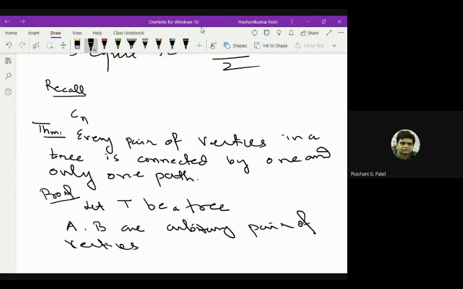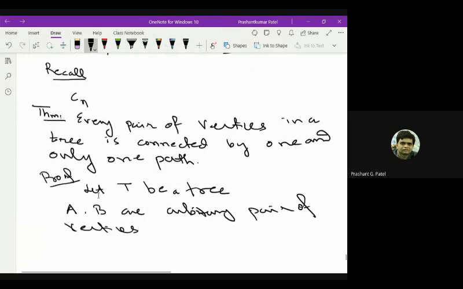Now, since T is a tree, it is a connected graph. What is the definition of a tree? It says that it is a connected acyclic graph. So since T is connected, there exists a path between A and B. Connected means there exists a path between A and B.